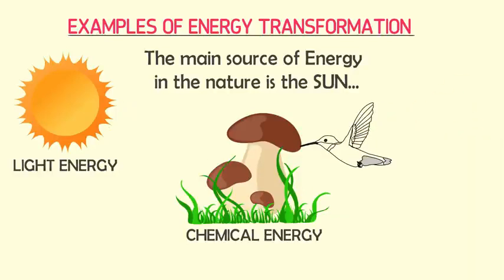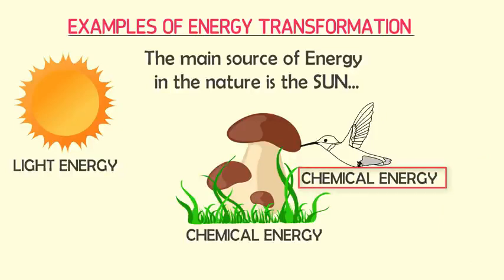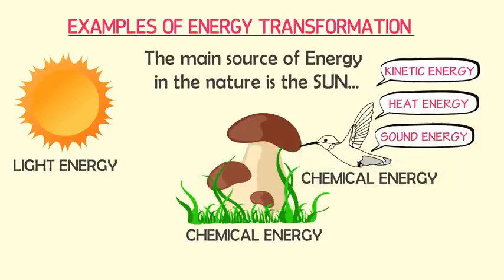When animals eat plants, they digest them and as a result, animals get the chemical energy of the plants, and then animals transfer this chemical energy into other useful forms of energy like sound energy, heat energy, kinetic energy, etc.